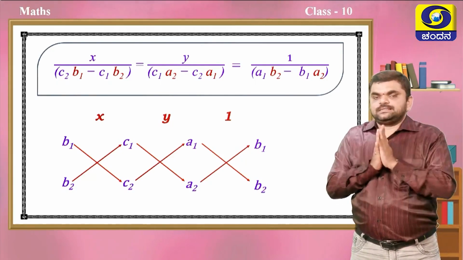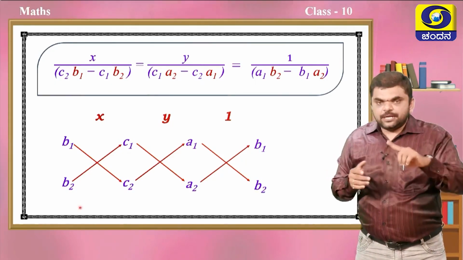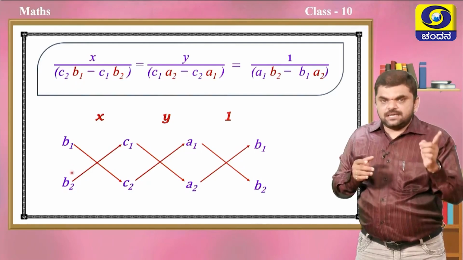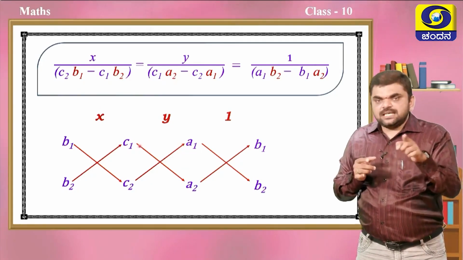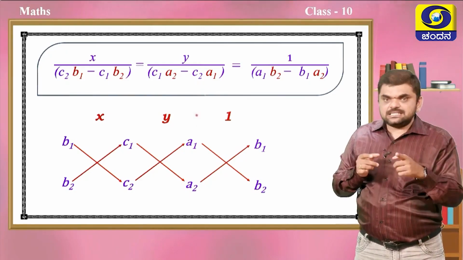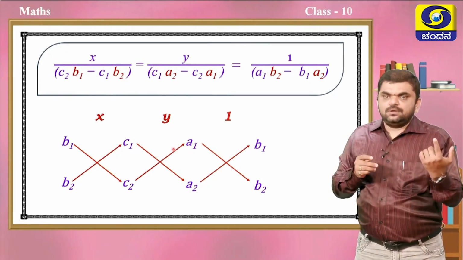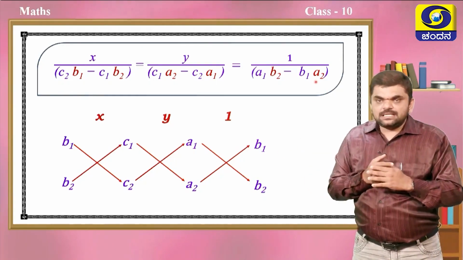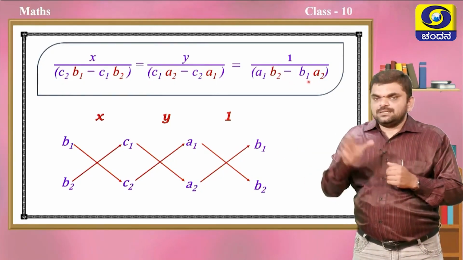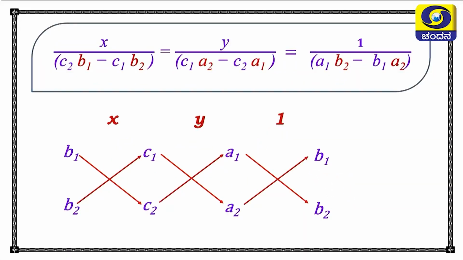Cross multiply this: x over c2 b1 minus c1 b2 is equal to y over c1 a2 minus a1 c2 is equal to 1 over a1 b2 minus b1 a2. Just cross multiplying this, we will get that equation. This is the simple way to remember this method, children.